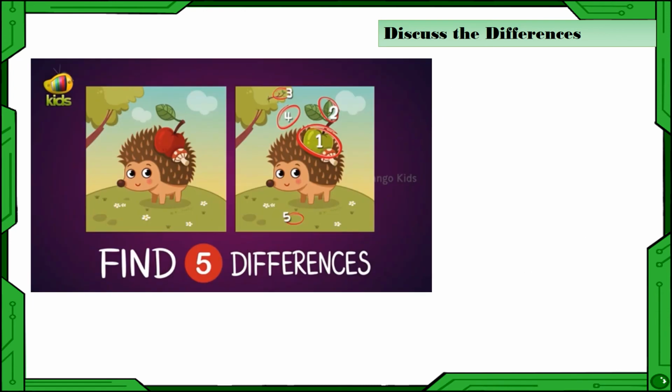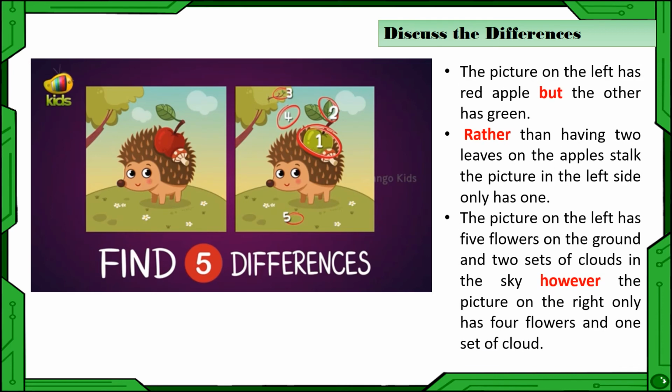Now here, there are 5 things that make these pictures different from each other. So I have here three example sentences. The first one is very simple: the picture on the left has a red apple, but the other has a green one.